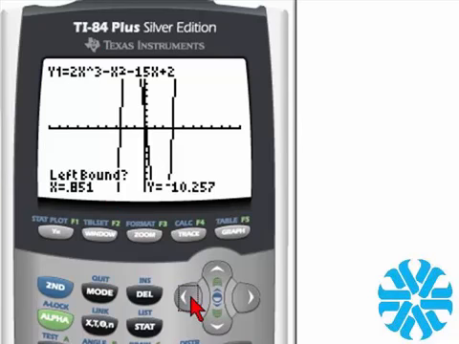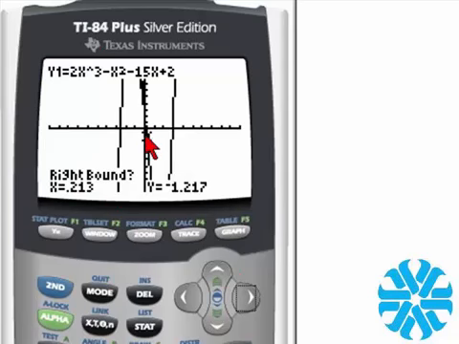And again, we want the left bound. So where do you think the left bound is going to be? Is it going to be right here or here? Well, the left bound is actually going to be, remember, to the left of the intersection point, so it's right there. So we select enter, and then we move it to the right, and it's now below the x-axis, so that is the right bound.